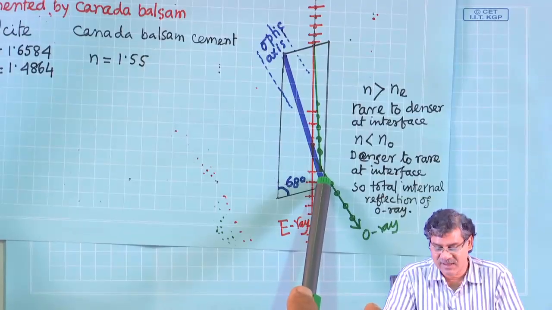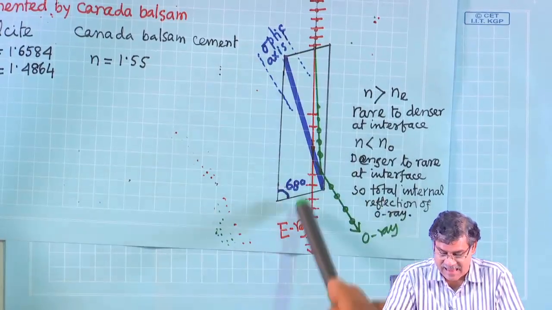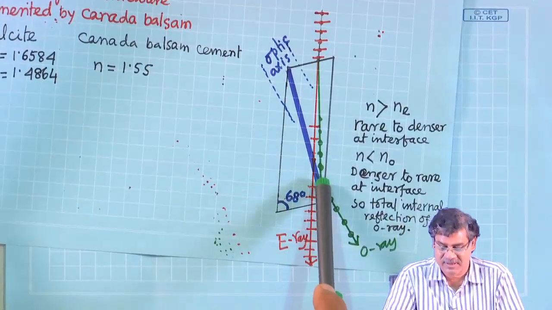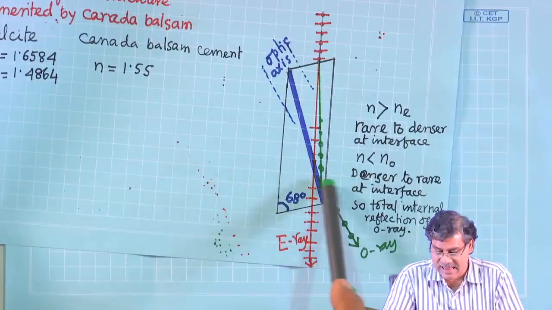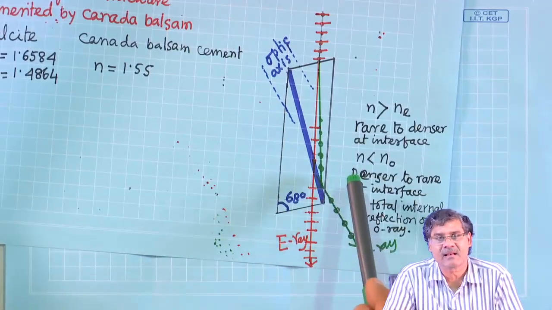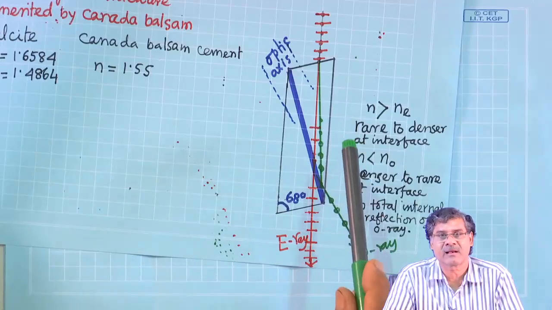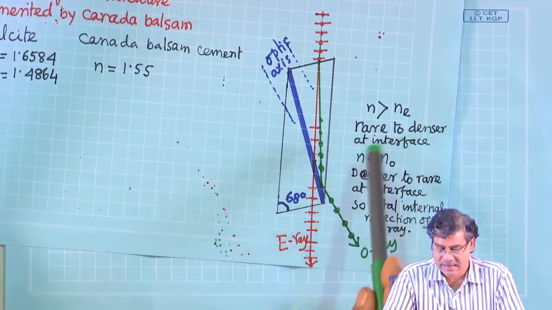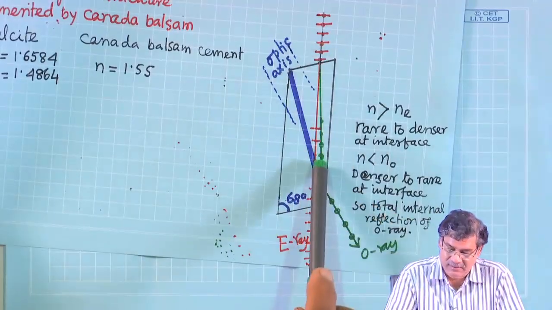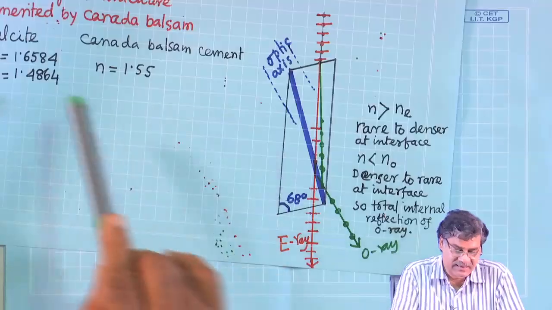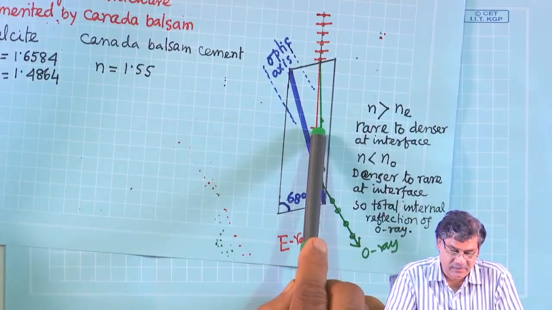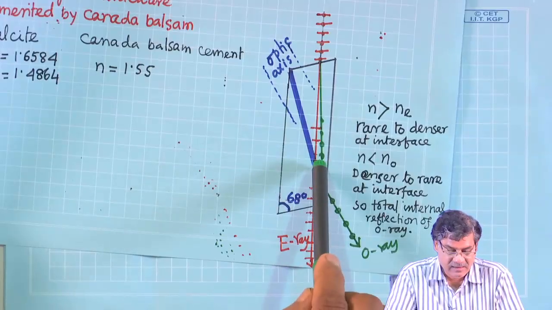The prism angle is such that when the ray falls at this angle, there will be total internal reflection. So, it will be reflected.